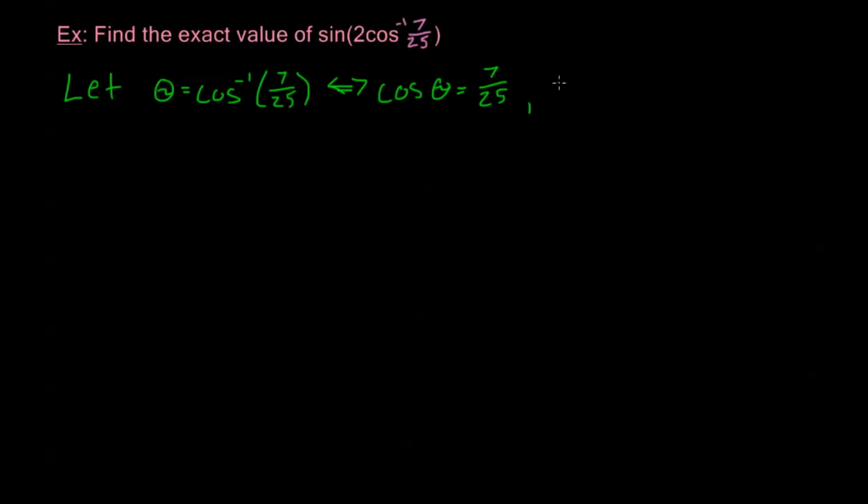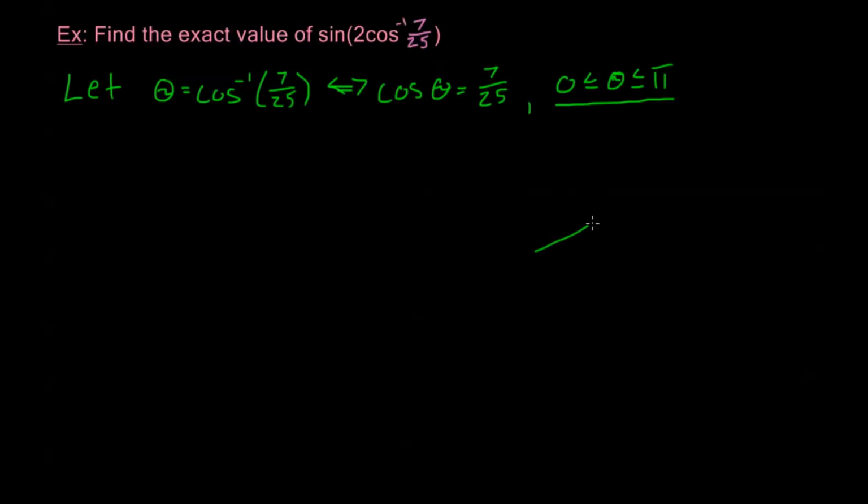And I also know that theta is between 0 and pi. Now this gives me some good information here. If theta is between 0 and pi, that means that my sine of theta is positive. And our cosine of theta obviously is positive because it's given to us right here.